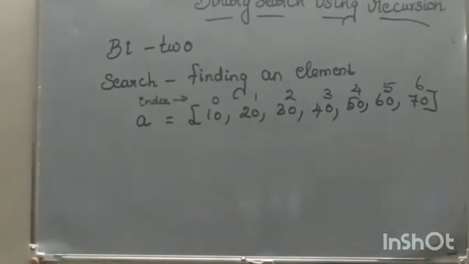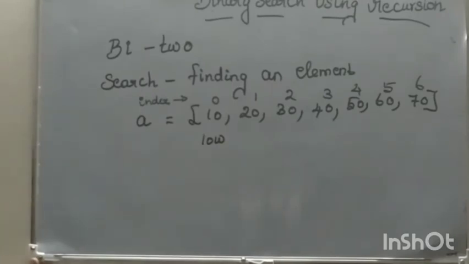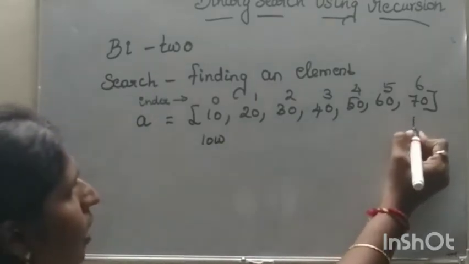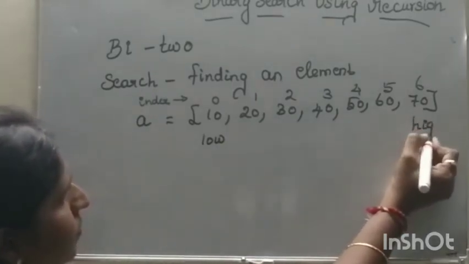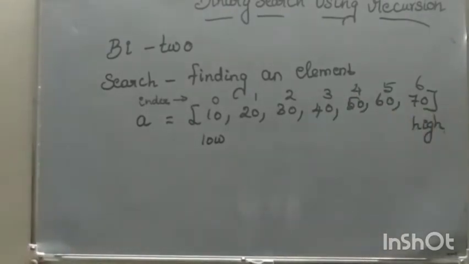Where do you have to set the label low? At the 0th index, you have to set the label as low. The last index will be set as high. And then we need to find the middle element.